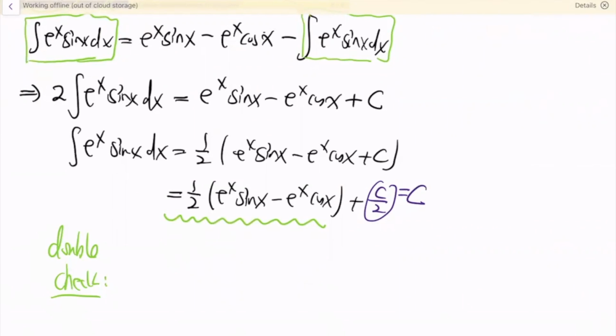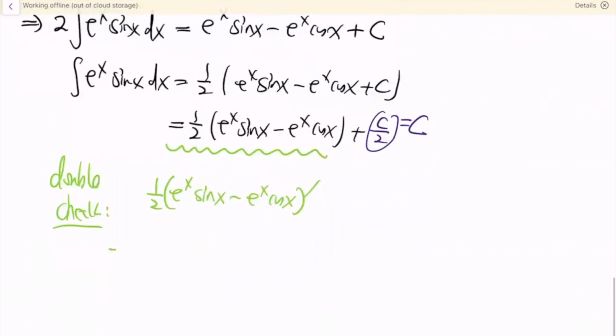Let's look at the derivative of e^x sine x minus e^x cosine x. Let's take the derivative of the whole thing. By the product rule, the derivative of the first part is e^x times sine x plus e^x times cosine x.